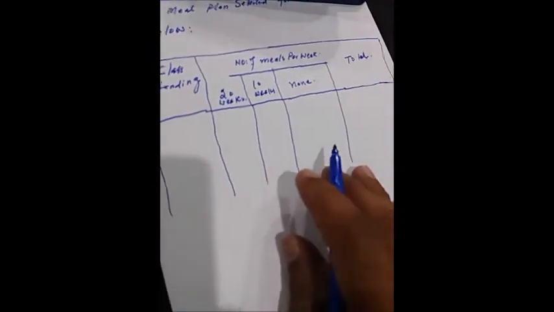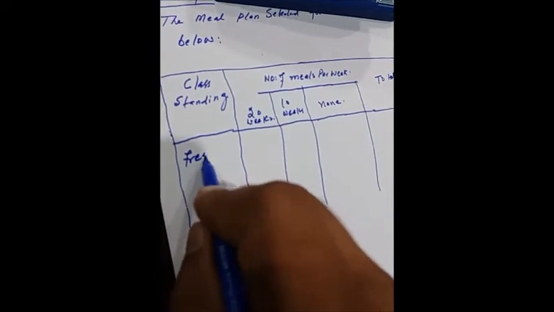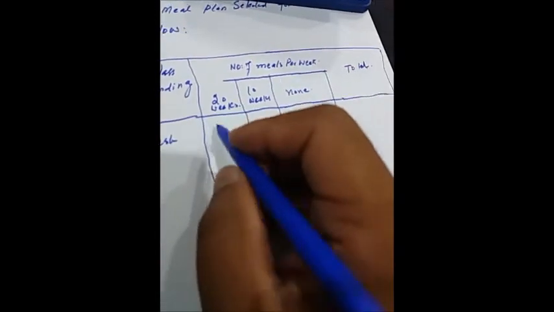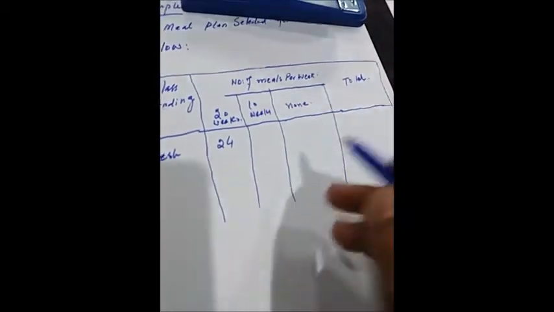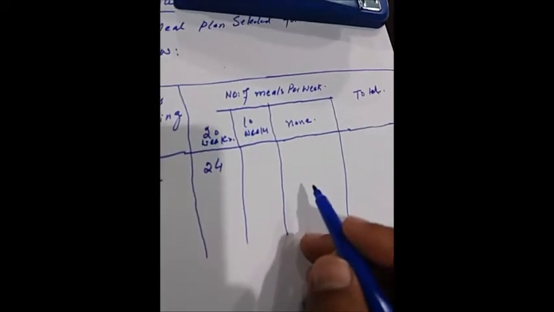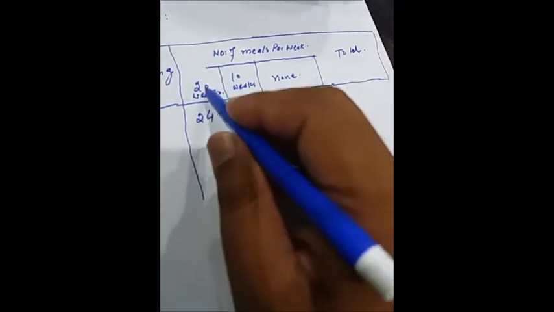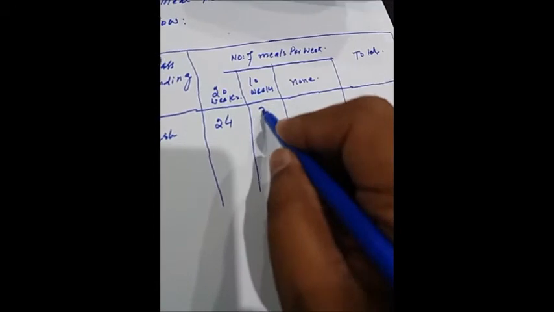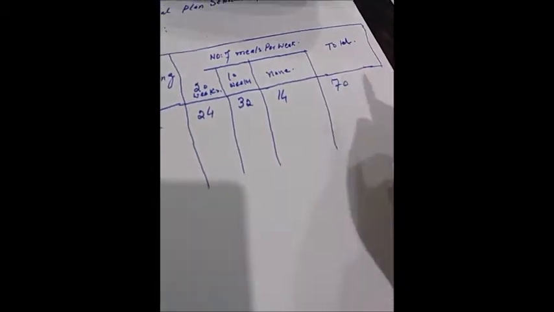So we have fresh students, how much? 24 for the number of meals per week served for 20 weeks, and for 10 weeks 32. For none 14, total 70.